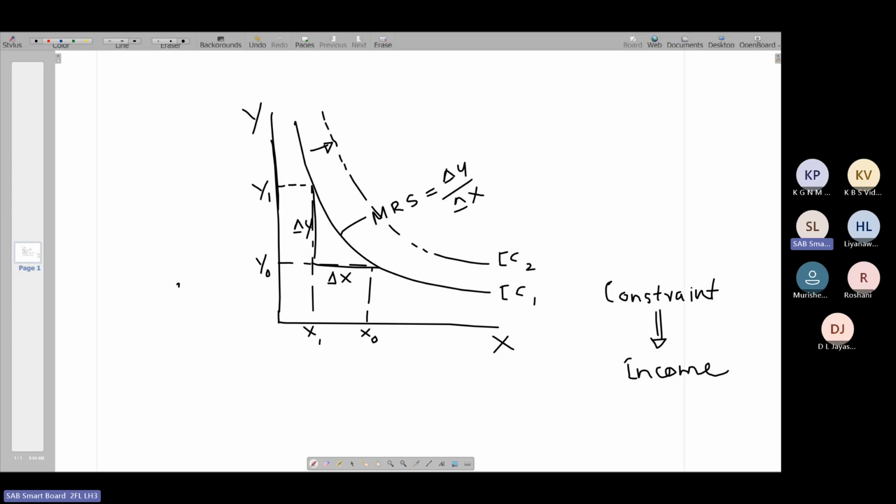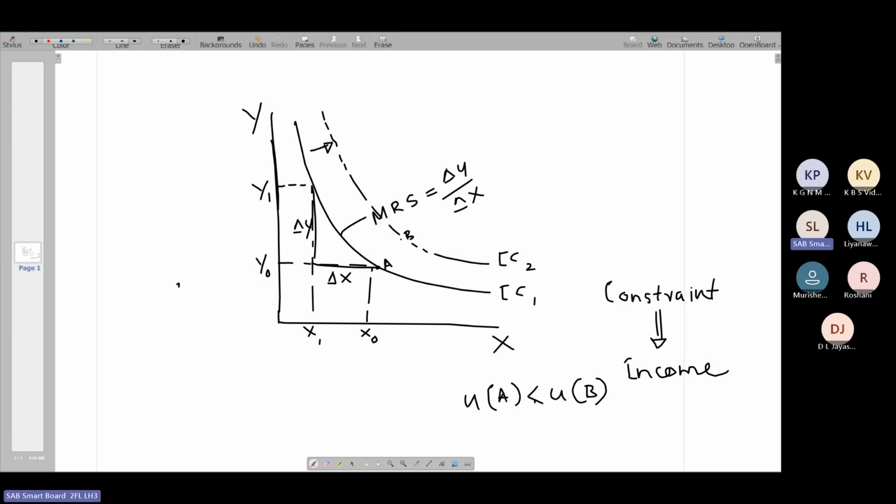If you take a particular point here, A, and a particular point in the second indifference curve, B, utility A is less than utility B. So a higher level of satisfaction can be gained at point B, since the consumer has a higher level of preference, a combination he can move to because his income level changed.